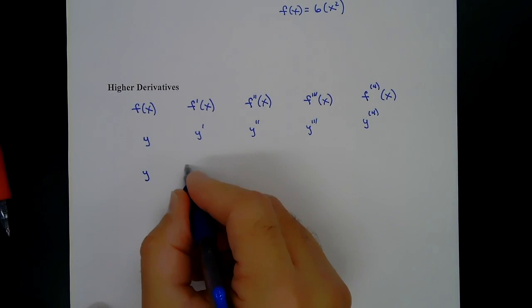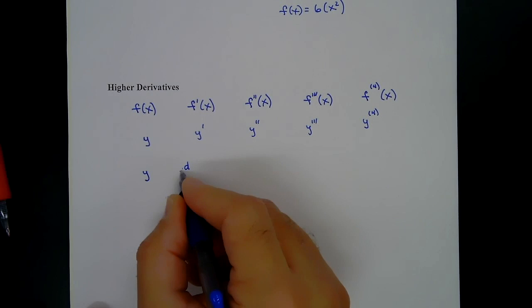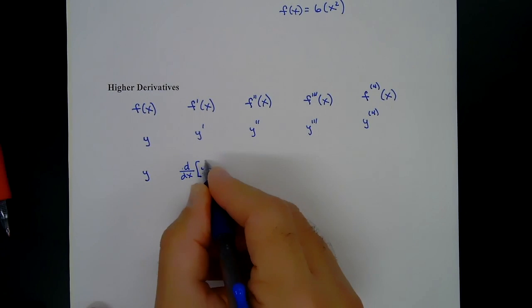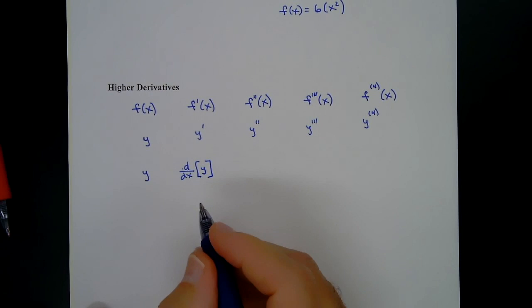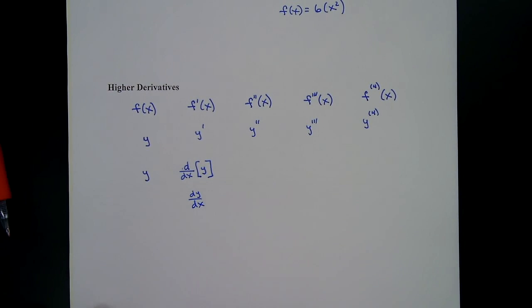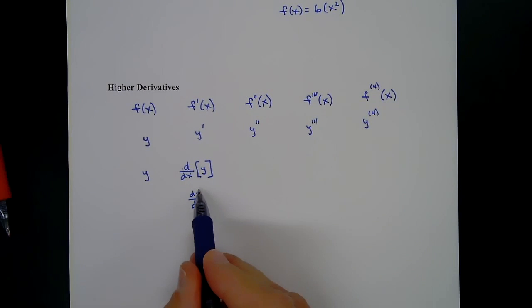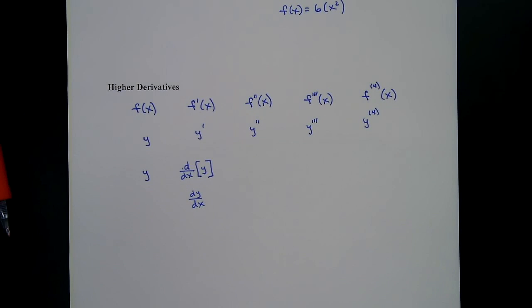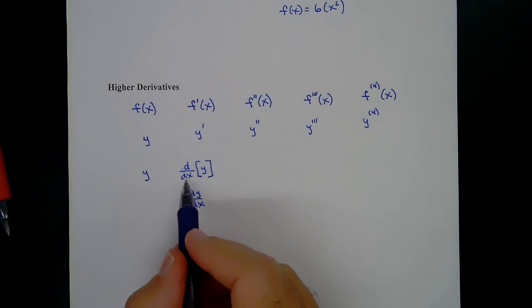We can take the derivative, the d stands for derivative, with respect to x of y, and that's just dy over dx. And then we can take the derivative with respect to x of this. Here is where you start to understand the notation, not the with respect to x.